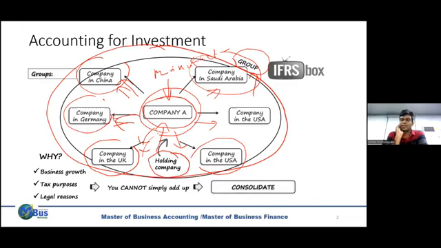So if we have such a group, there's a requirement in accounting. We need to consolidate all those companies together. You need to prepare one financial statement for all these groups. That we call consolidation accounts.